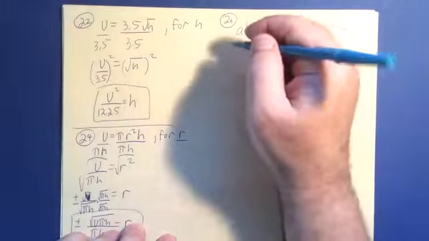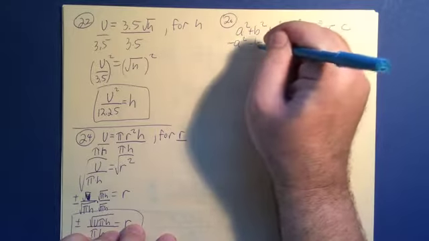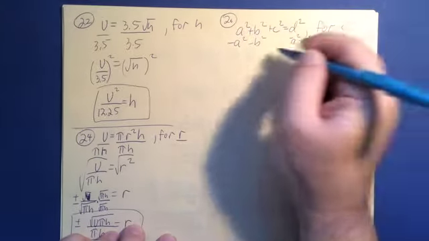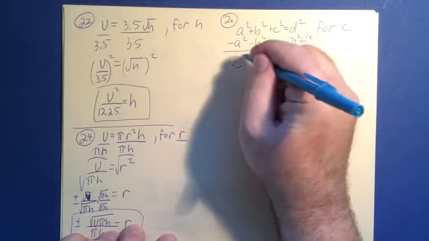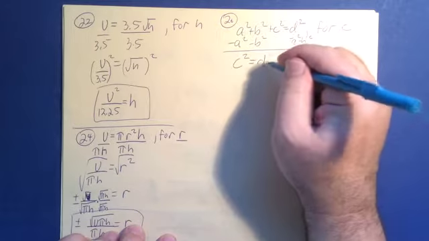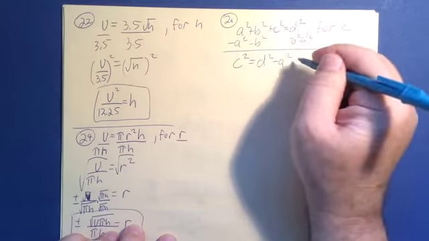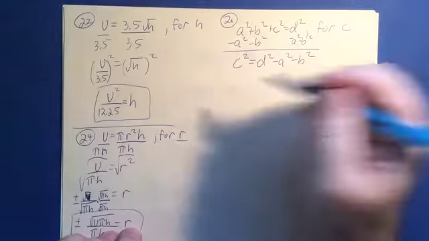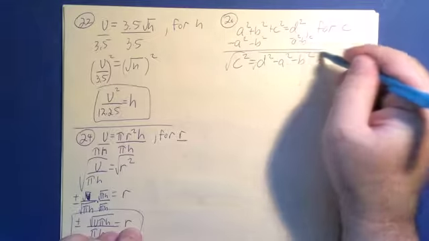In order to do this, we're going to subtract a squared and subtract b squared from both sides. So this is going to give me c squared equals d squared minus a squared minus b squared. Not bad. And then I'm just going to take the square root.